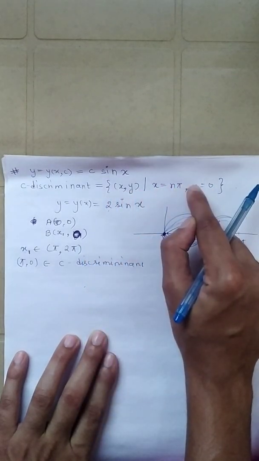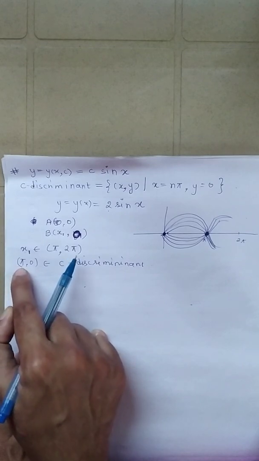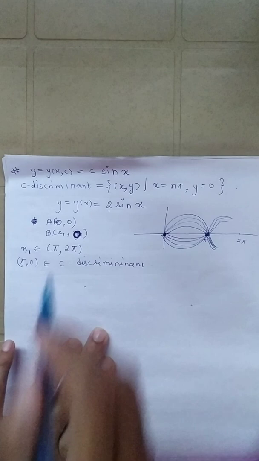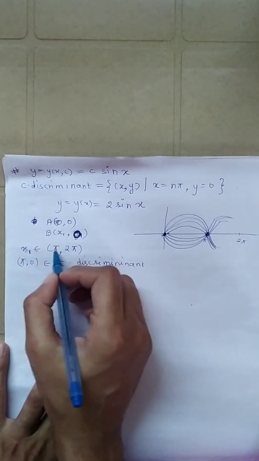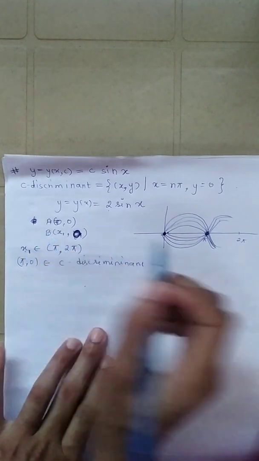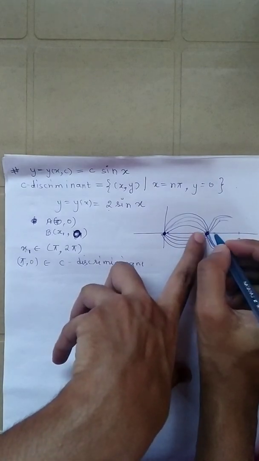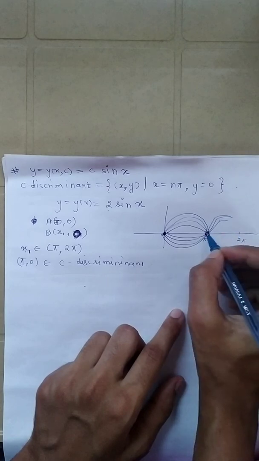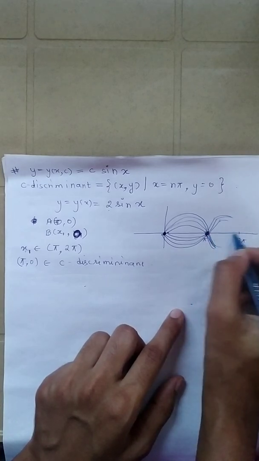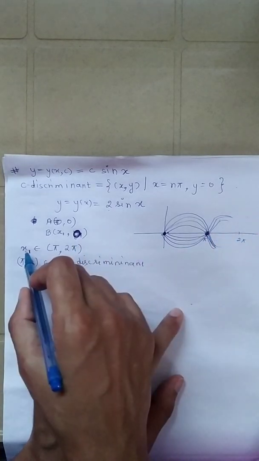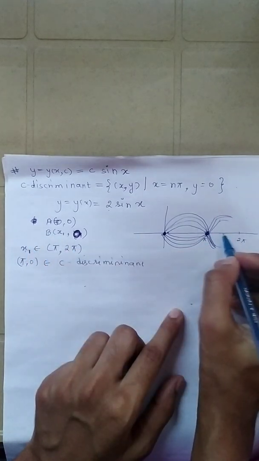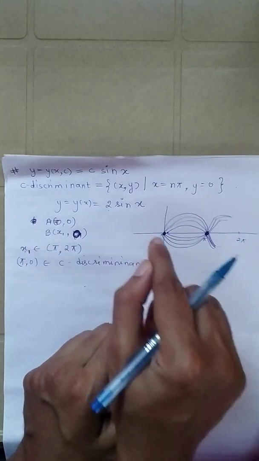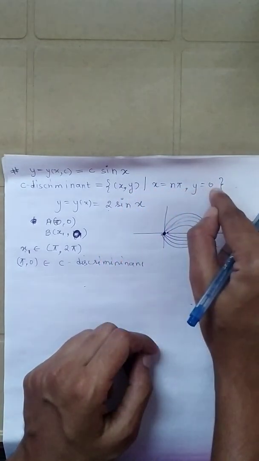And what is that point? It will be (pi, 0). Because if x1 is lying in this interval, then point B will be lying somewhere after this, because x1 is greater than pi. So somewhere here the point B will lie, and therefore the arc AB will contain a point that is common with the C discriminant.